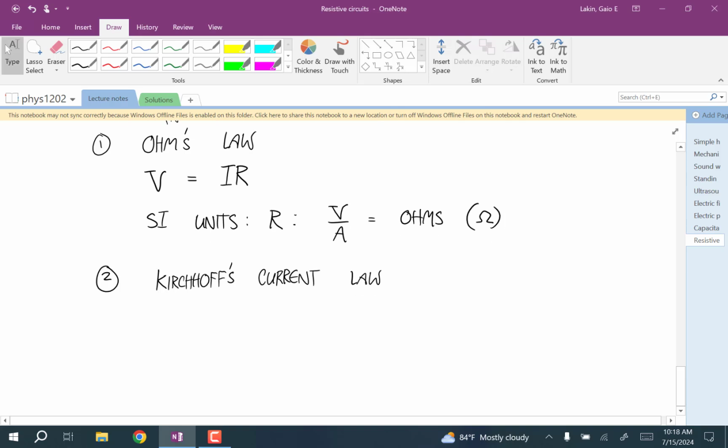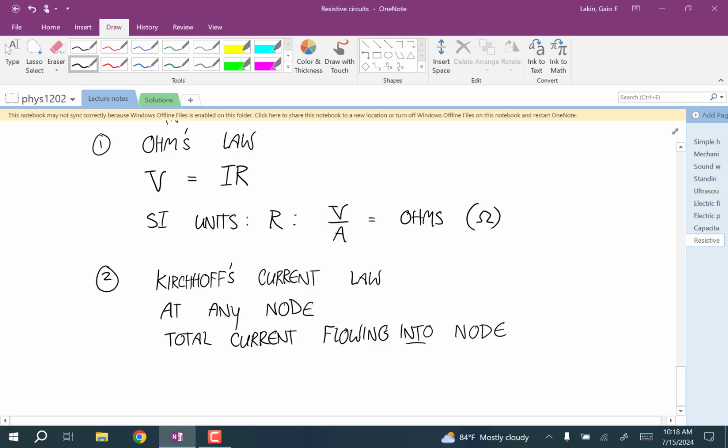And it says that at any node, the total current flowing into the node is equal to the total current flowing out of the node.